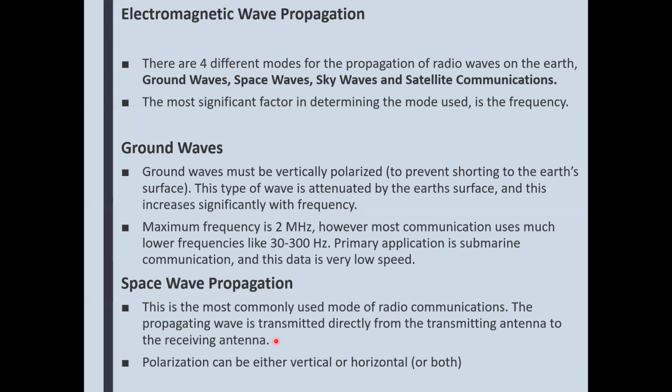What I mean by line of sight is that one antenna has to directly see the other antenna. That's why some microwave transmitters are mounted on the highest ground possible, on a mountain or top of a building, so the receiving antenna can actually see the transmitting antenna.